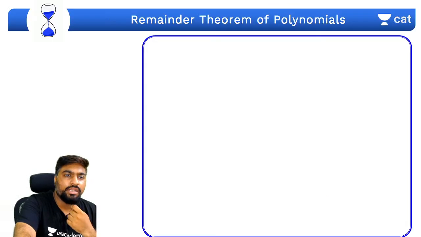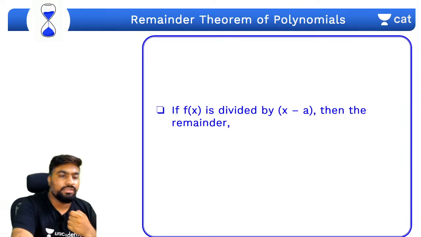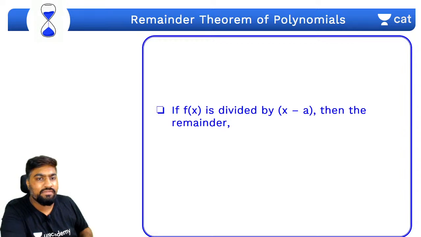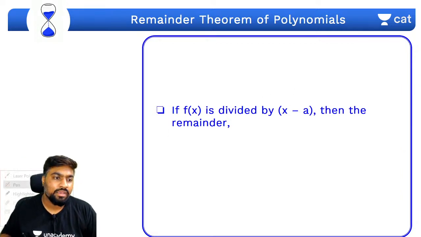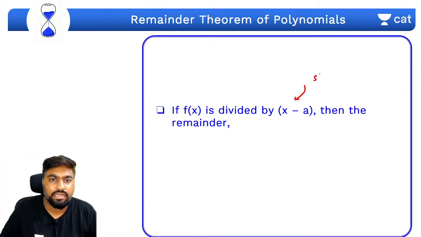Chalo. So according to the remainder theorem of polynomials, if f of x is divided by an expression of the form x minus a, it's necessary that the expression should be of this standard form.